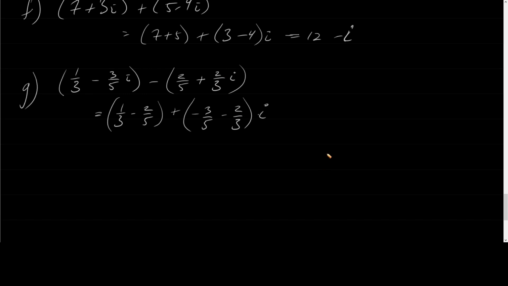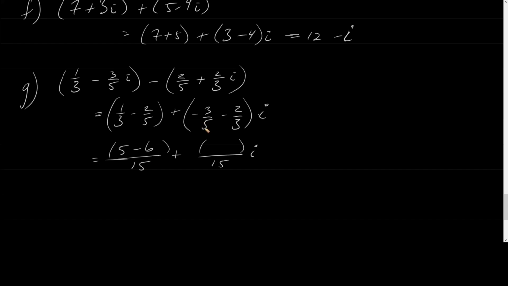And here, have a common denominator. I'm going to say the common denominator is 15, so this is going to be something over 15 plus something over 15 as well on this side, i. And what do we get for the numerators? To go from 3 to 15, multiply by 5. To go from 5 to 15, multiply by 3. So 2 times 3 is 6.